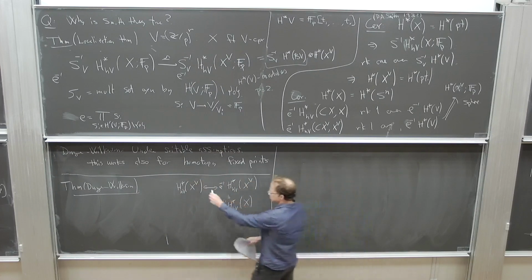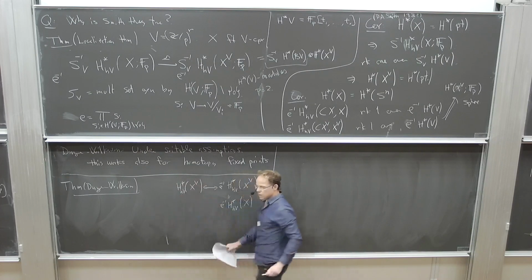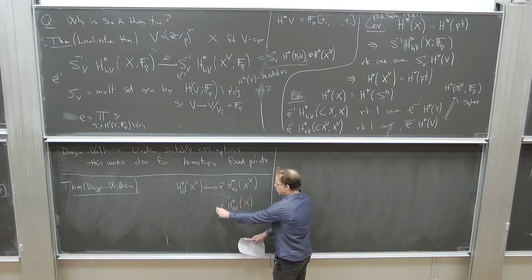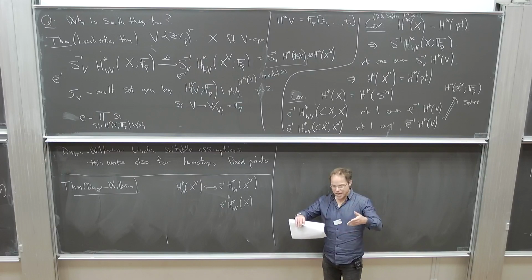So now this is cohomology of some space sitting inside the cohomology of something which is no longer a space because I've inverted this class.